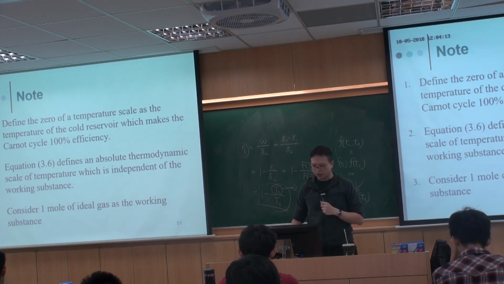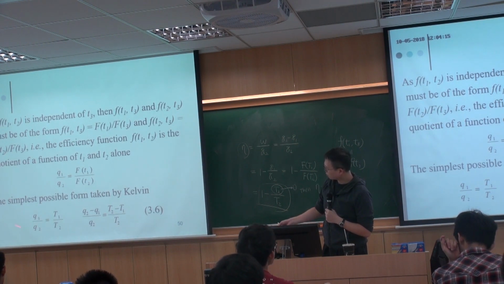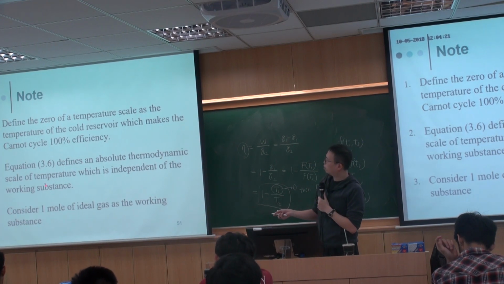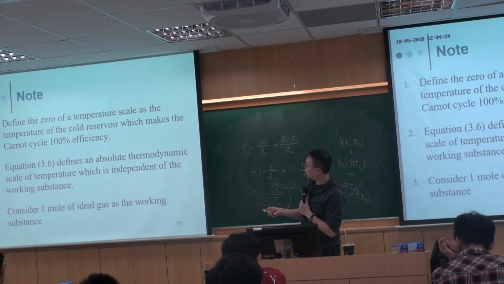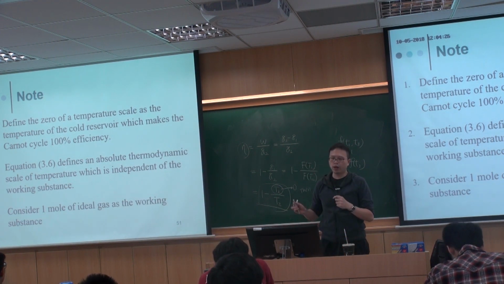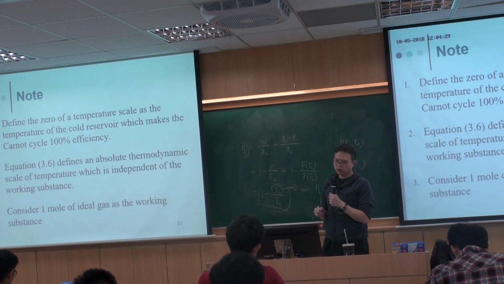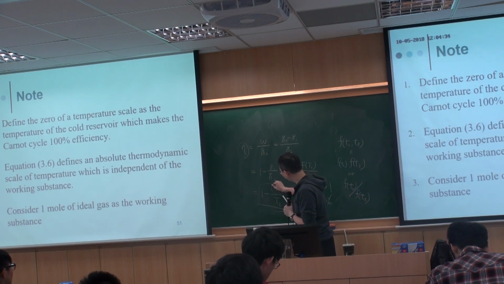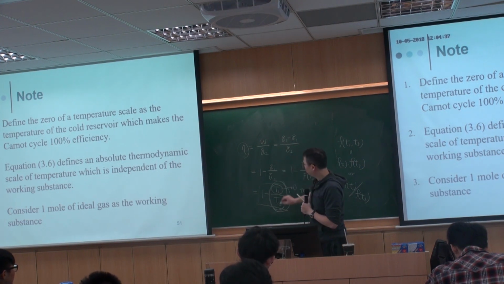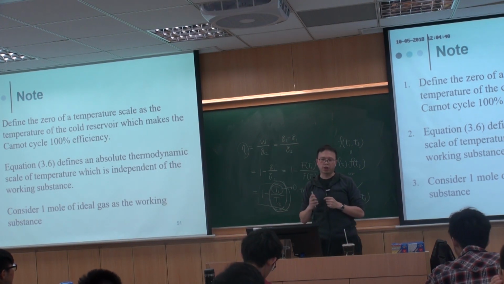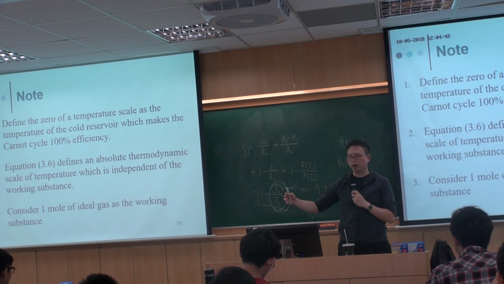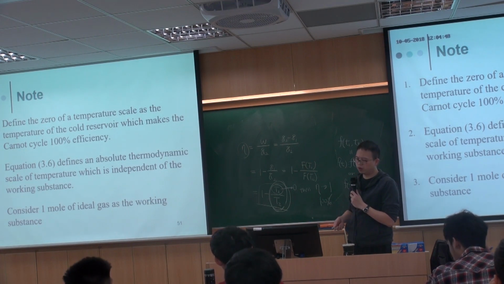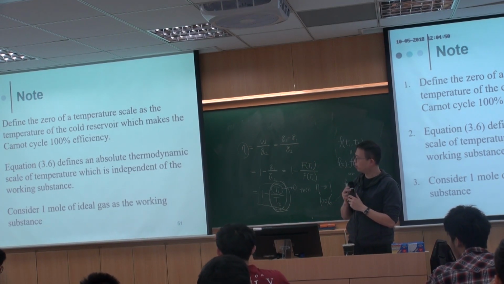And equation 3.6, which is this one, defines an absolute thermodynamic scale of temperature, and that is independent of the working substance. So whatever heat engine you have, the maximum efficiency is very well defined, and it is related to this ratio. This gives us a very good definition of the absolute temperature scale, and it is independent of the working substance or whatever gas you put into your heat engine.